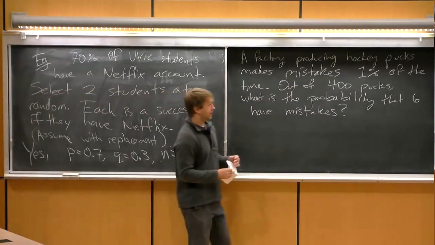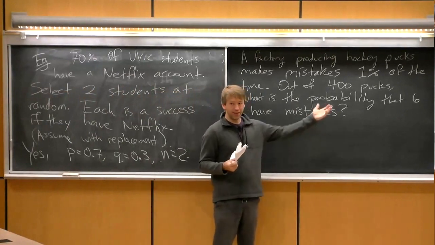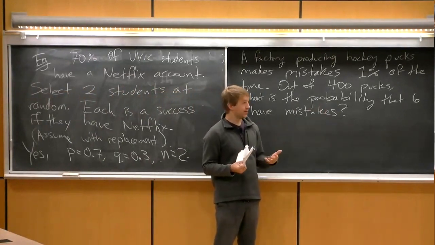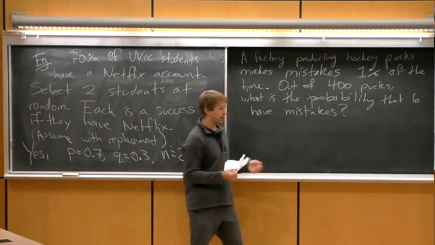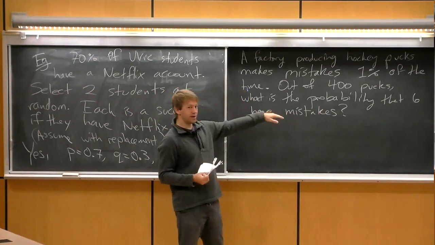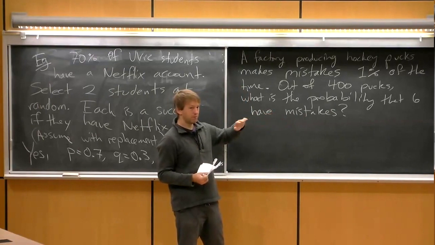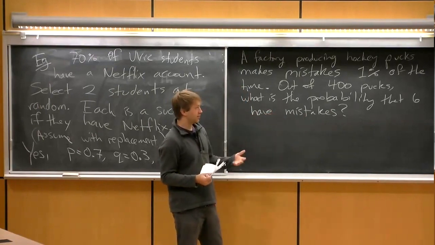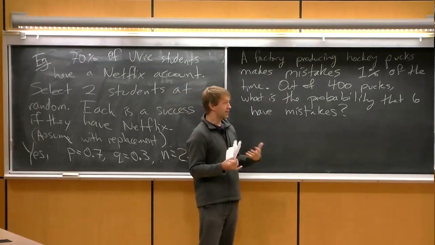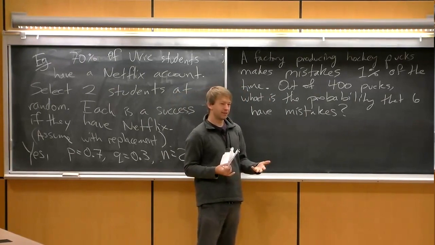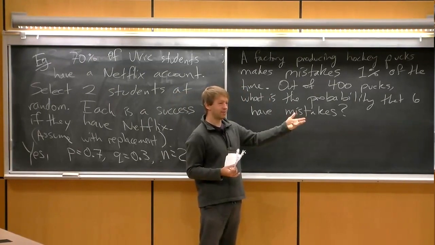So really, 90% of your mark is going to come from just recognizing, oh, this is a binomial with some, well, it depends what you want to think of as success or failure. Let's say, weirdly enough, a success is a mistake.